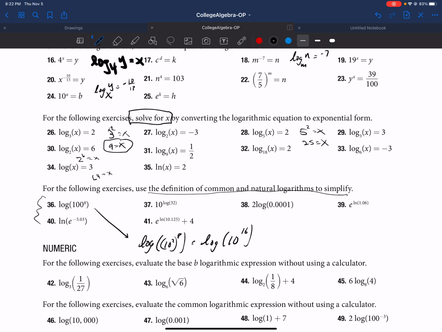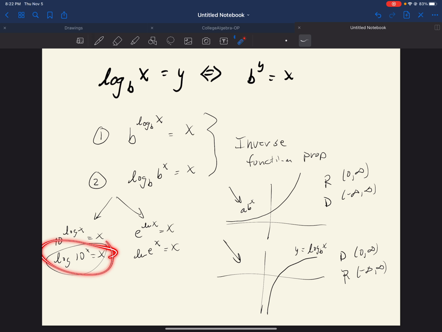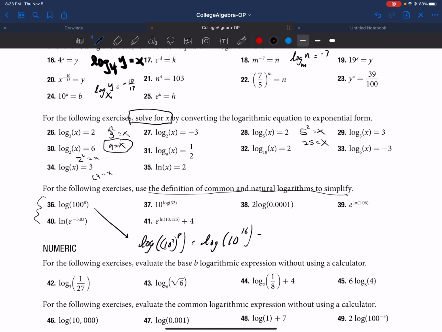Now, this property holds, so log 10 to the 16 should be 16. So what's the answer to this? It's 16.